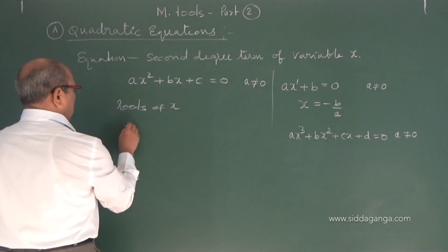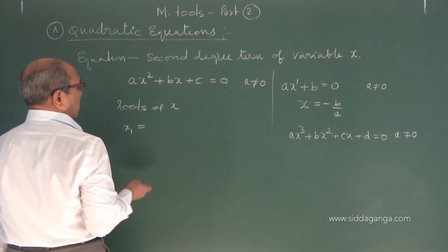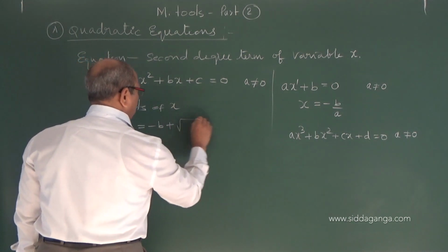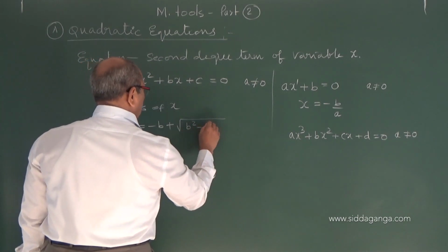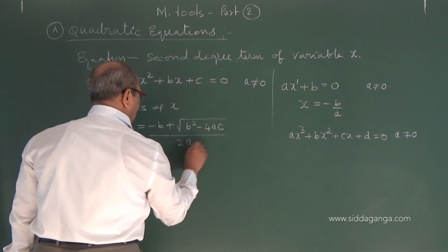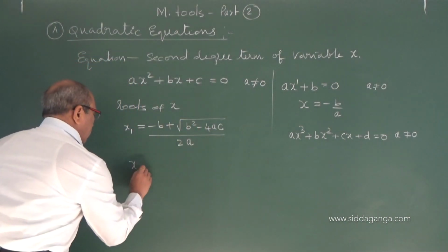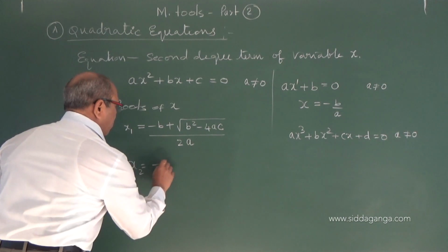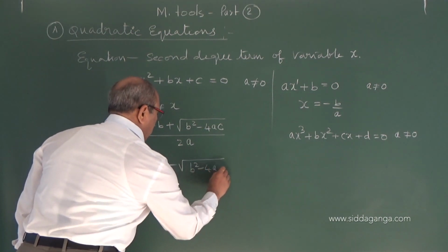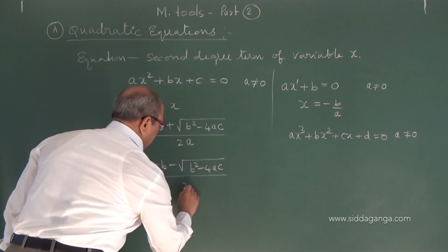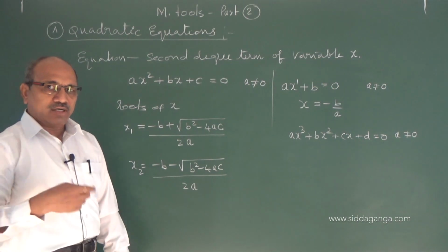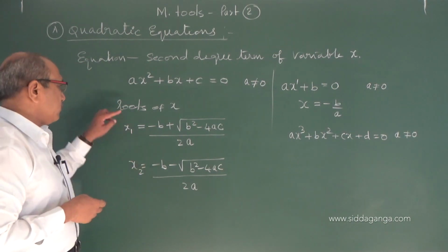The two possible roots are x1, equal to minus b plus root of b square minus 4ac, upon 2a, and the other is x2, equal to minus b minus square root of b square minus 4ac, upon 2a. This standard formula you already learnt in high school.